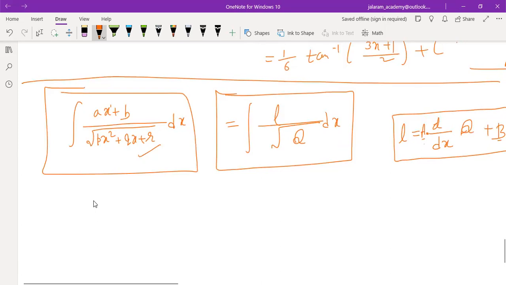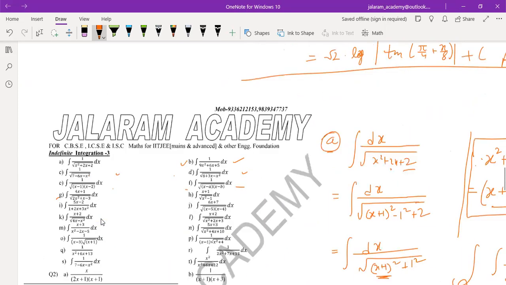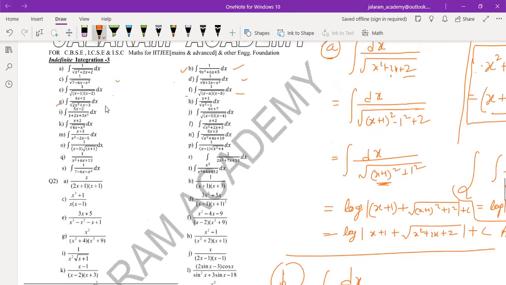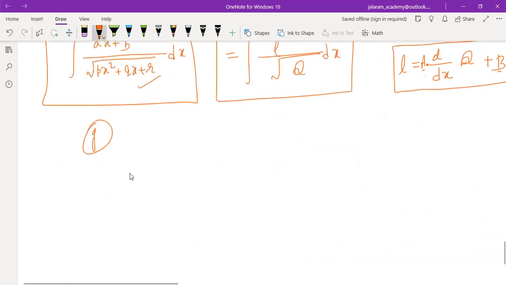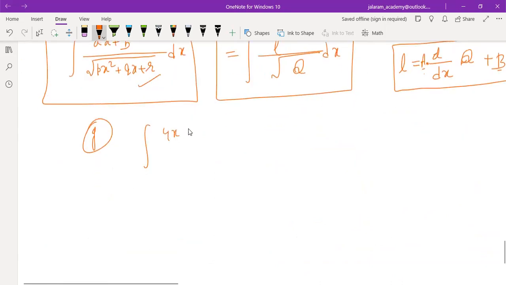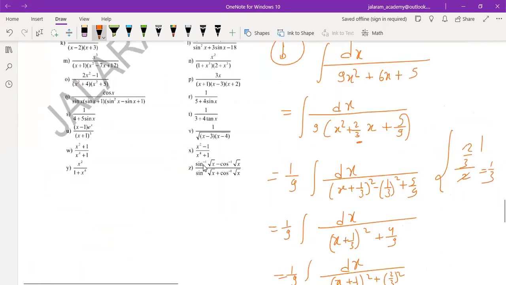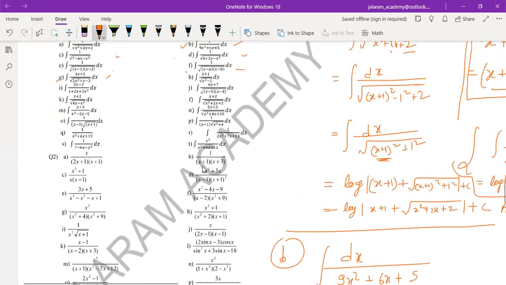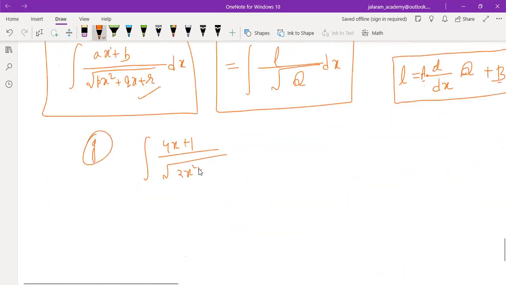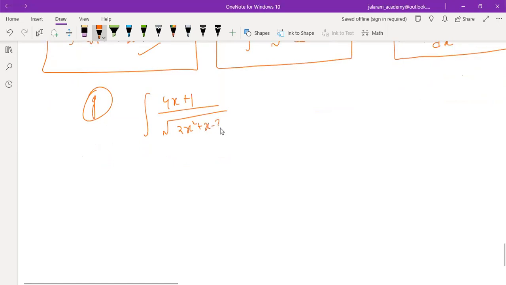For example, the question which is given in the sheet is 4x plus 1 upon under root 2x square plus x minus 3 dx.